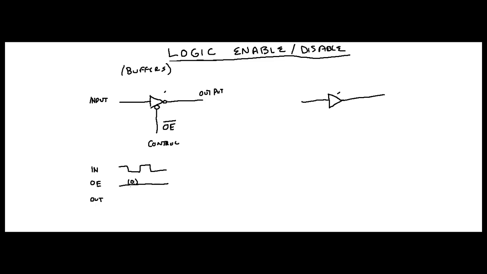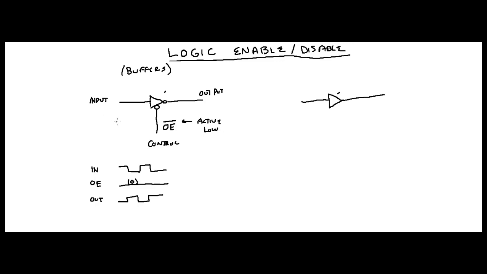By the way, your output enable is active low. That's what that bar means. So when it's low, that means your output enable is on. Then, if we look at the output, it's simply going to be, got it? That's basically what we're saying here, okay?